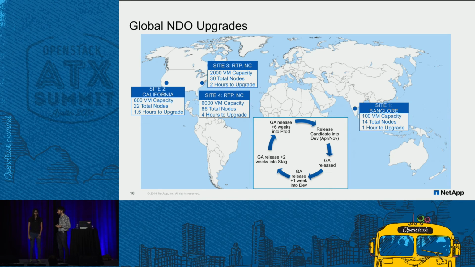Once the GA release candidate comes out, we roll that into a segmented region where we can play around with the queue so specific users can go in there and we can make sure that it functions properly with the global engineering cloud front end that we've been talking about. Once 2 weeks pass there and we're confident with that, we roll that out into a smaller site like Bangalore and monitor that and then roll it out to all the rest of the sites.